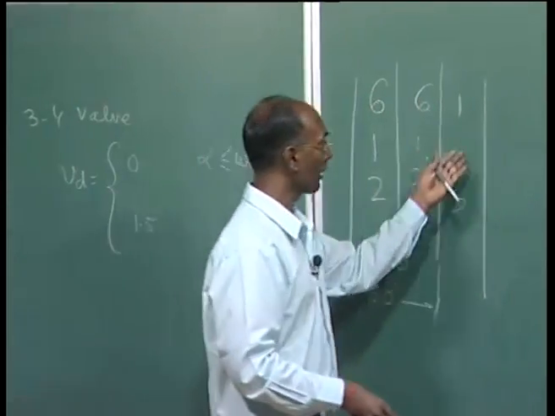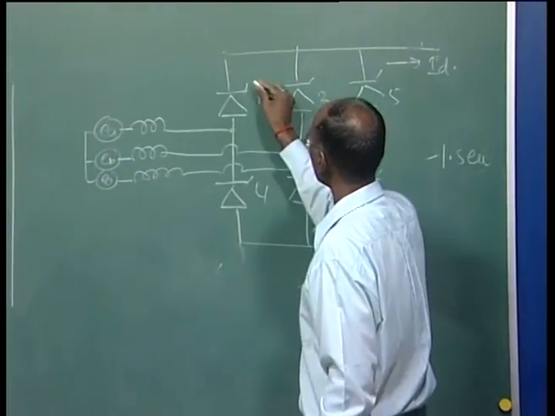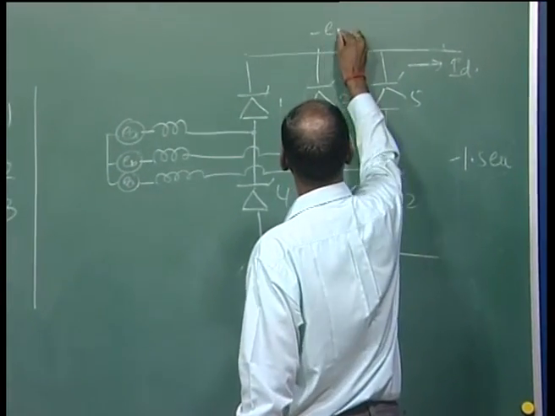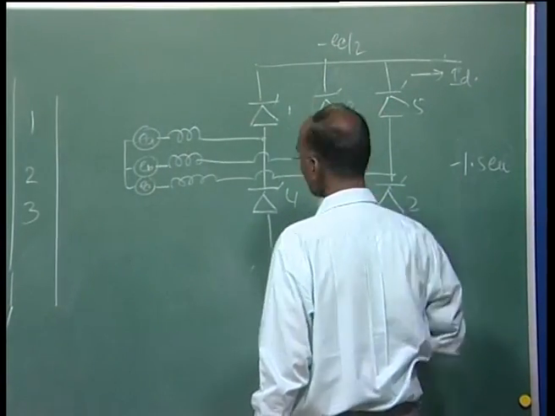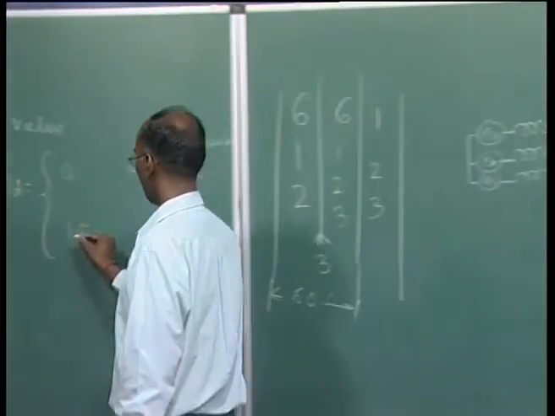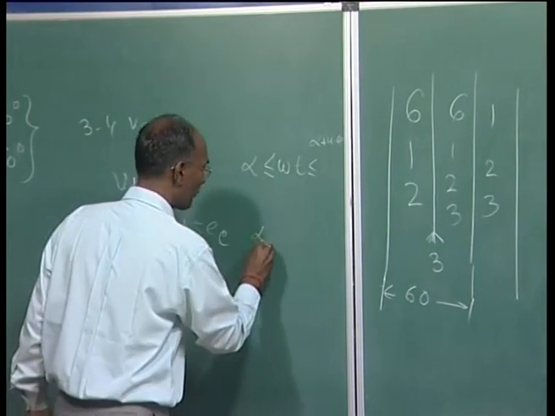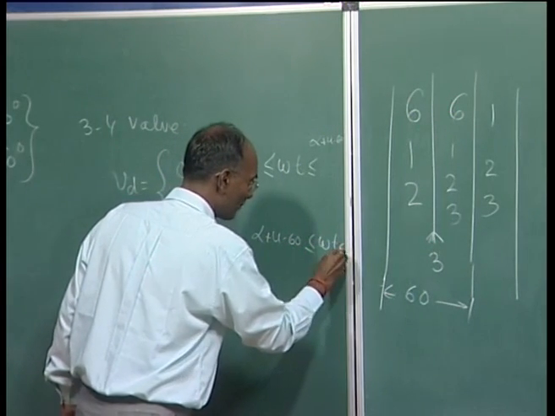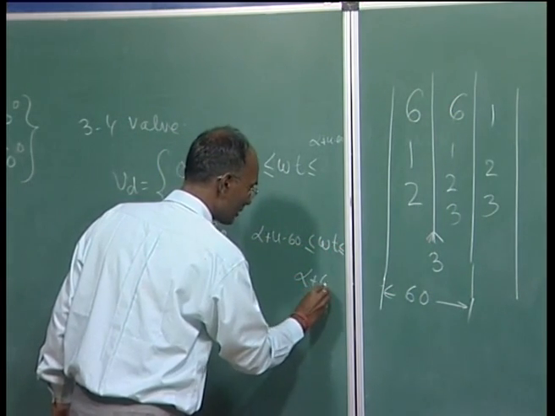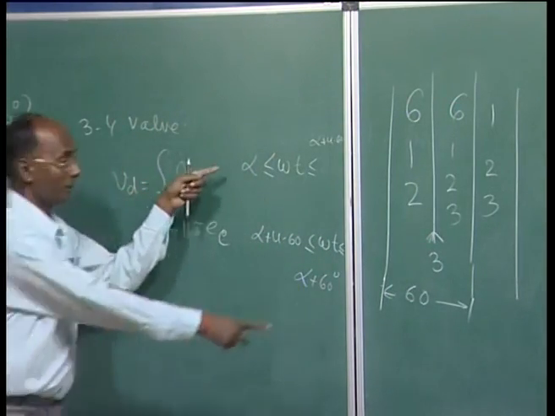Now, you see 1 and here 1, 2 and 3. So, it is E a here, minus E c by 2, this is your E c. So, the voltage is minus 1.5 E c here, from alpha plus u minus 60 degrees omega t, up to alpha plus 60 degrees, because the total period is 60 degrees.